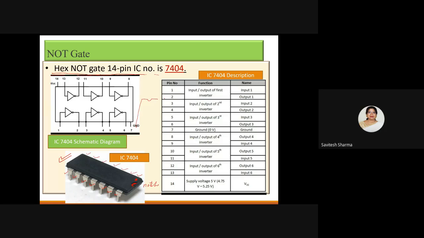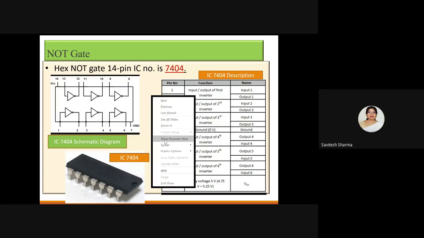Let me draw separately. How will you identify which pin is number 1, 2? Just let me tell you how to see the pin numbers.